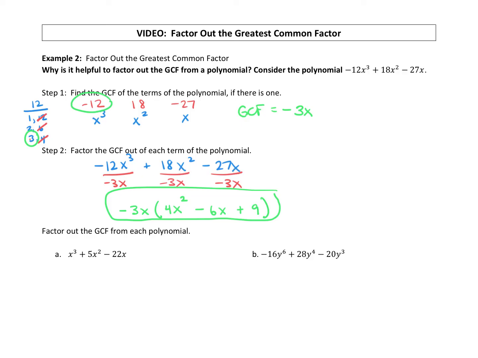So factored form is going to look like something we should multiply, but we leave it like that. One more thing I just want to make a note of. When you factor out the negative 3x, the stuff we had left over, 4x squared minus 6x plus 9, there should be no common factors in that.